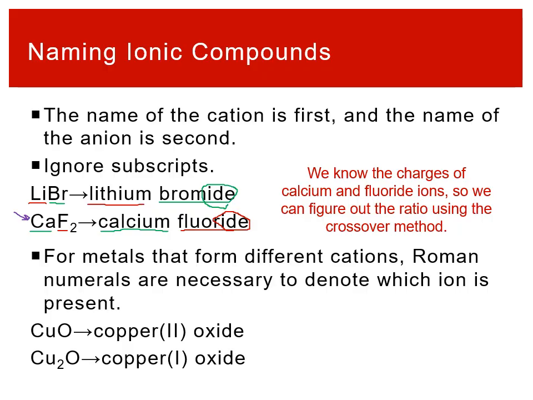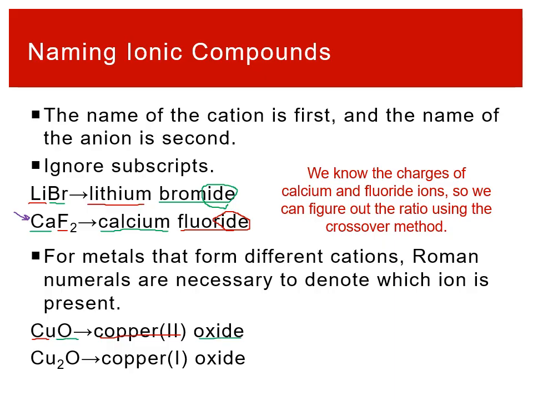When you have those variable charge metals, you remember the Roman numerals needed to come into the name of the ion. So when those variable charge ions are in a compound, those Roman numerals stick around. For example, CuO is copper 2 oxide, because this is our copper 2, and the O is the oxide.